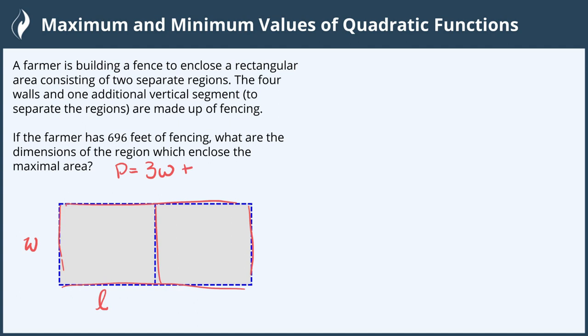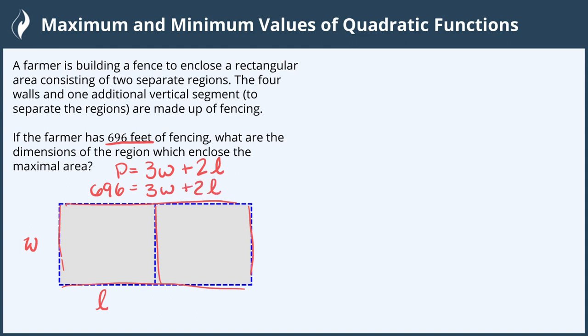So the perimeter is going to be 3 of the widths plus 2 of the lengths. We also know the total amount of fencing that the farmer has, which is 696 feet. So that will be the entire perimeter of the fencing that we will be using. So we have 696 feet equals the 3 widths plus 2 of the lengths together.